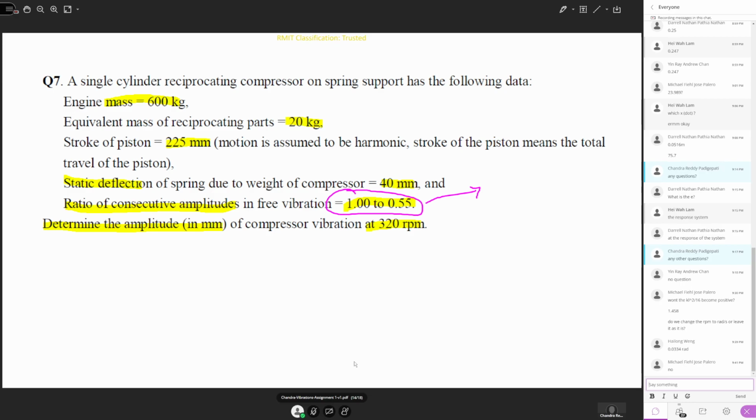We can write the logarithmic decrement delta is equal to the natural log of the ratio of the two successive amplitudes, so 1.00 over 0.55. If you calculate this, you know the logarithmic decrement for the response of the system.